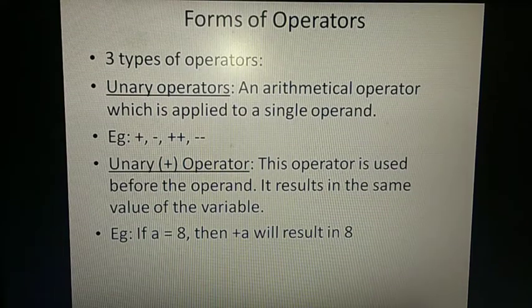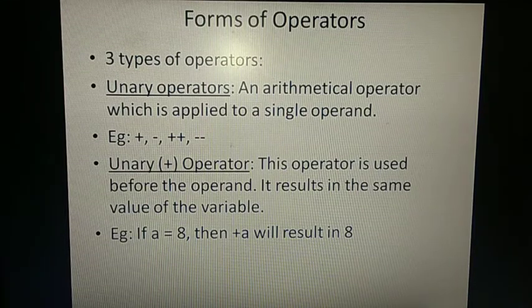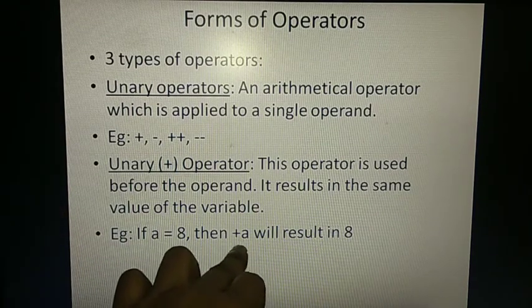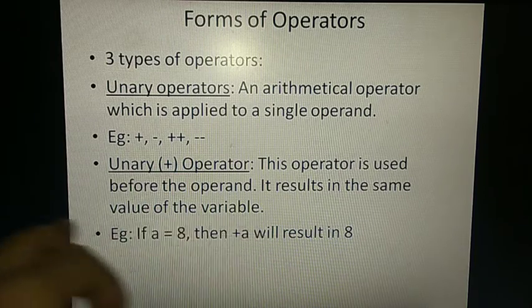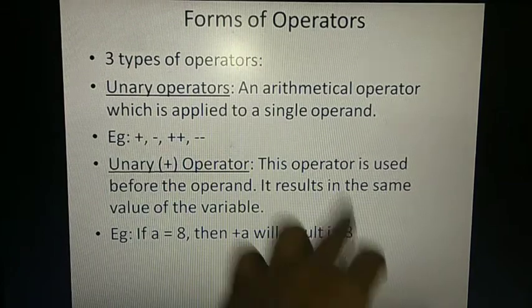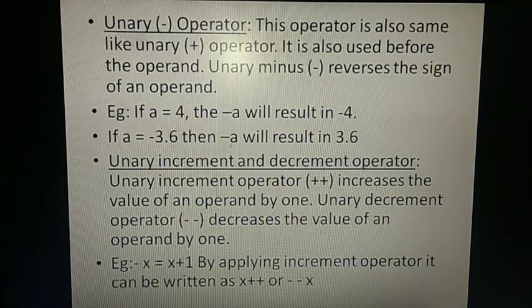For example, for a variable a, I have given a value of 8. So a's value is 8. When you use the unary operator, it will be before your value, that is plus 8, and the result will give you the same value, that is 8. Understood?